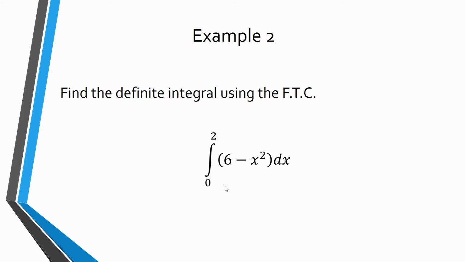We want to integrate 6 minus x squared with respect to x from 0 to 2. That can also be stated, find the signed area of 6 minus x squared between x values of 0 and 2.